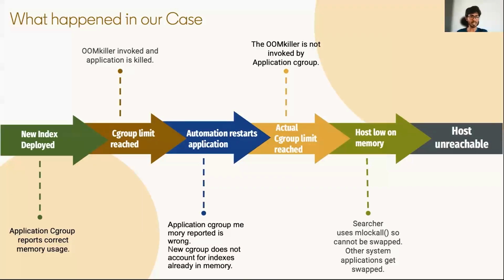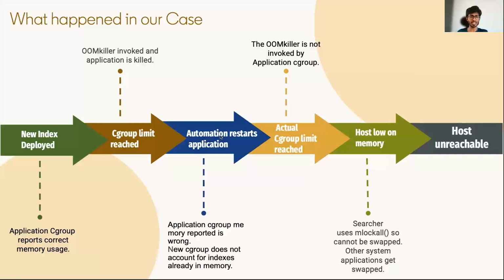And at this time, the application C group reports the correct amount of memory, and everything is good. And slowly the application grows in size, and the indexes also grow in size. And we reach the C group limit. So the OOM killer is invoked, and the application is killed.